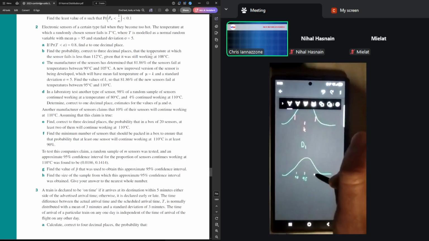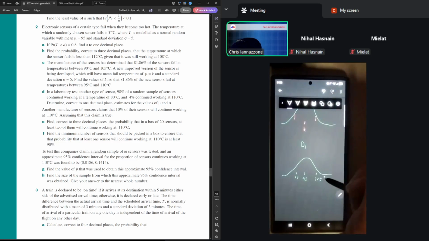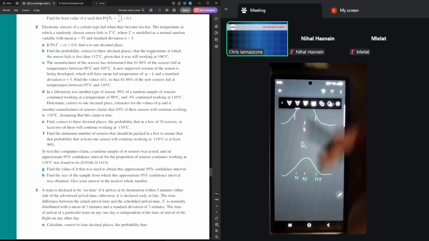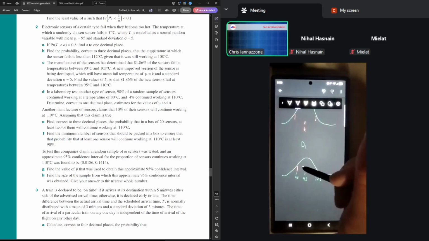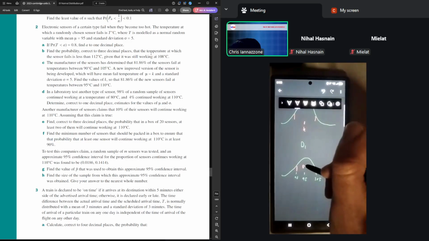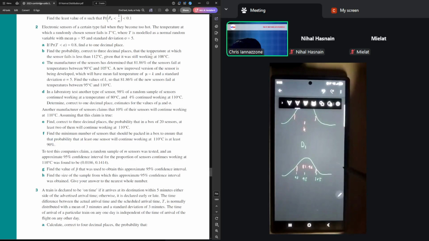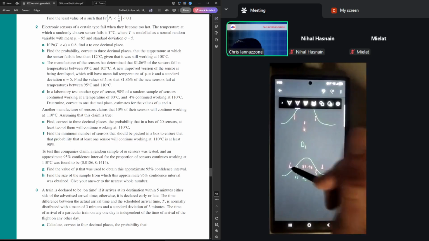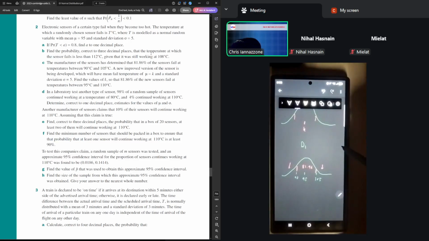Sorry. 105 will put it at 2 standard deviations over there. This is only 1 standard deviation this way. So that's fine. This is 81.86, which means that 1 minus that has to be distributed outside of both of these areas here.